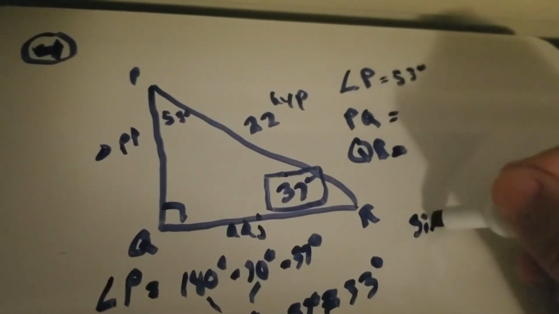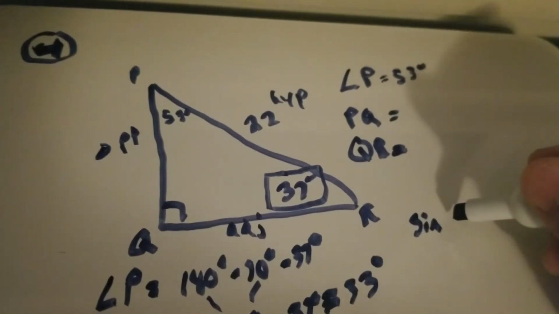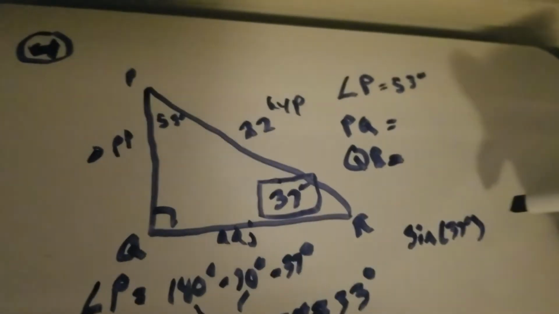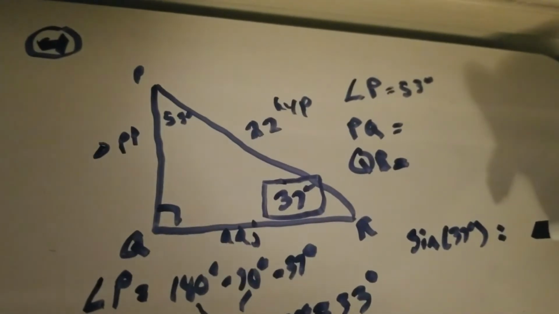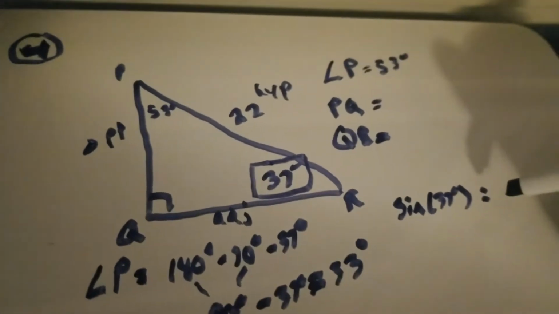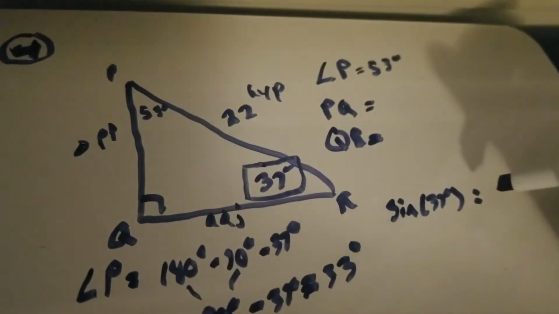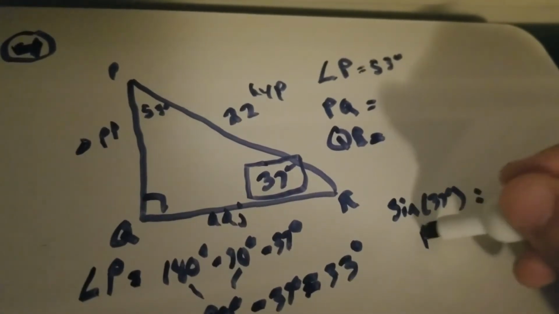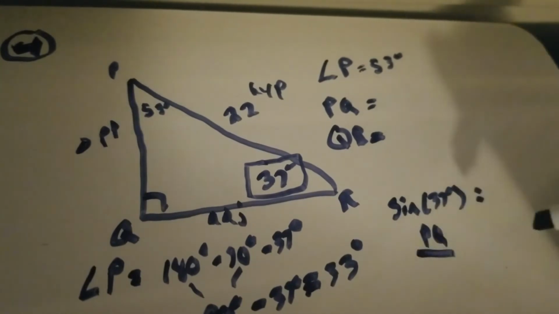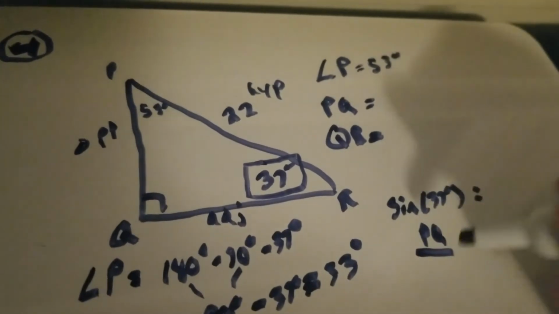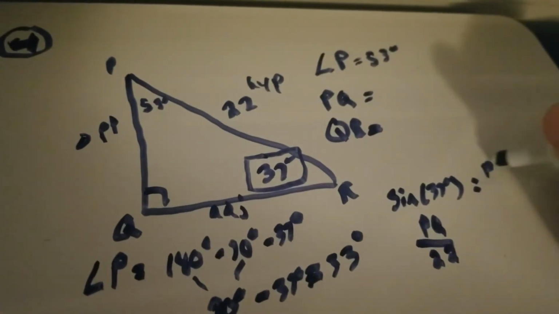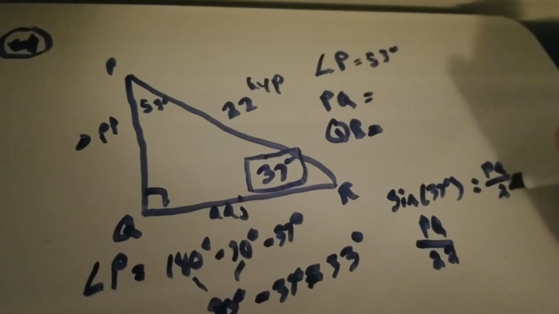So sine of 37 degrees equals, hopefully this camera doesn't fall over, opposite. I don't know what opposite is, so I'm just going to write it as PQ over hypotenuse, which is 22. So PQ over 22.